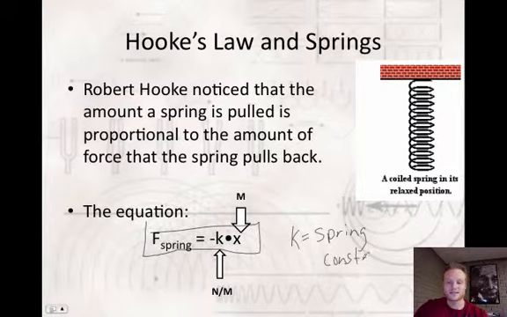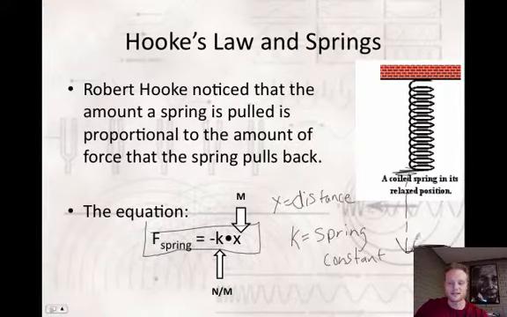And then x is the distance that the spring is pulled from equilibrium. So there's a picture of a spring over here, and if I pull this spring down to this point, that distance from this spot up here to down here would be x in this formula. Okay, so that's the equation for Hooke's law.